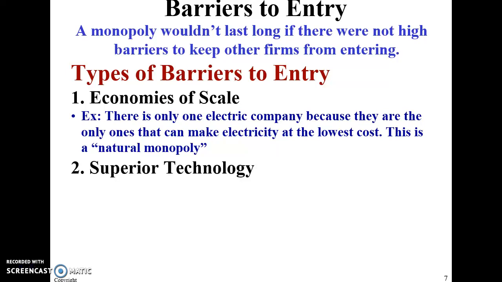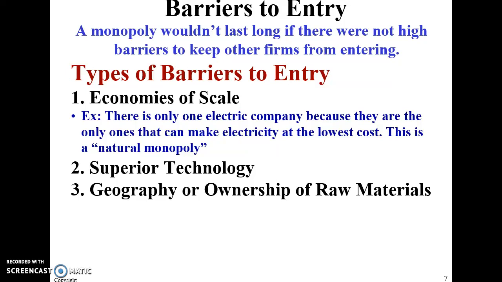They may have superior technology that no one else has. And as I mentioned, if the monopolist controls the raw materials, such as the case with diamonds, that would present a very, very high barrier to entry.